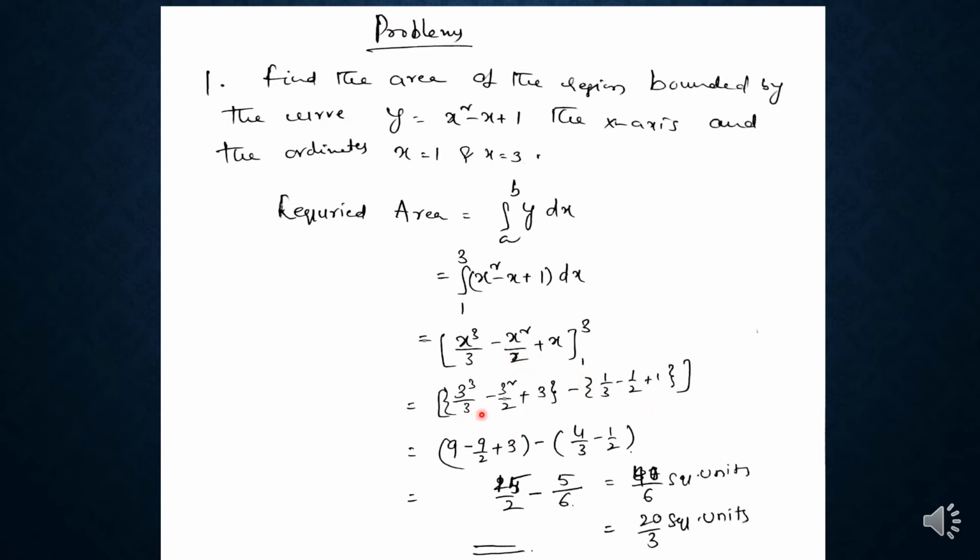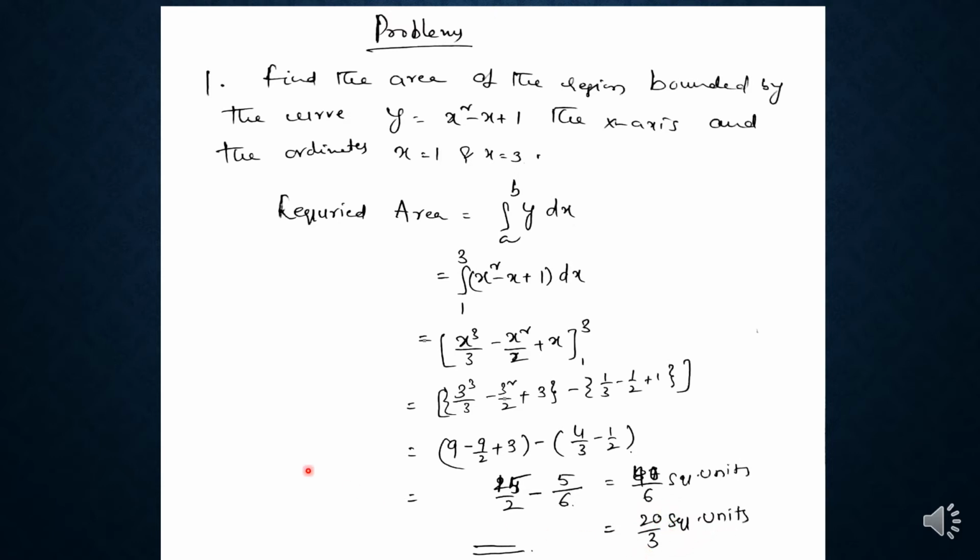So by the simplification, 3 cube by 3 means 3 square, that is 9, minus 9 by 2 plus 3, minus of 1 by 3 plus 1, that is 4 by 3 minus 1 by 2. Here 12 minus 9 by 2 means 15 by 2, minus 5 by 6, that is equal to 40 by 6. By the cancellation, we will get 20 by 3 square units.